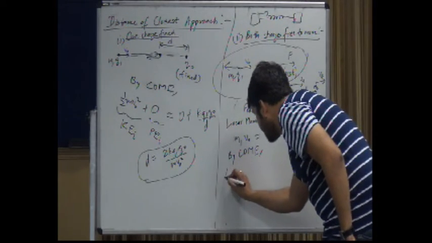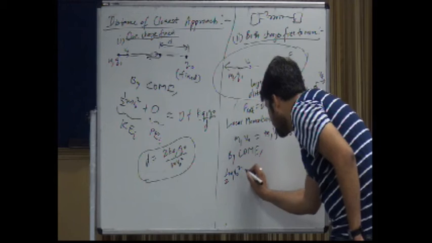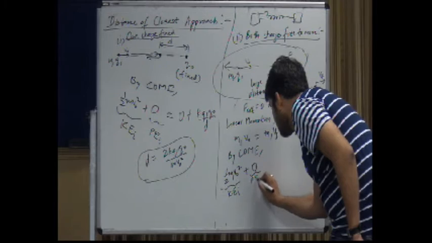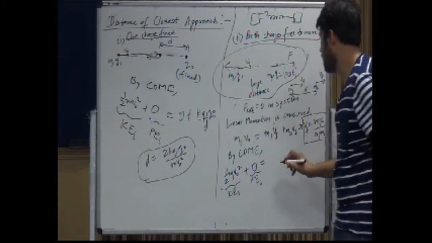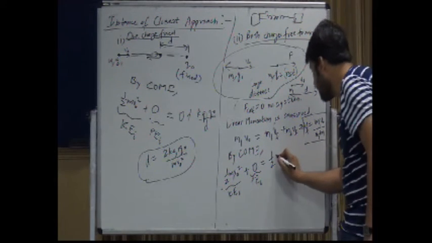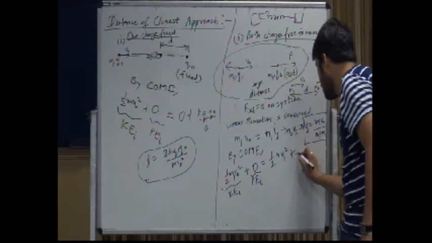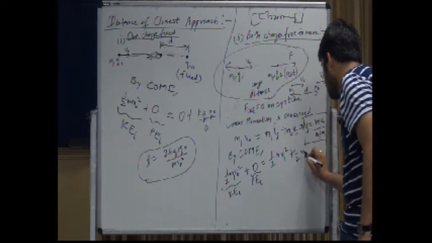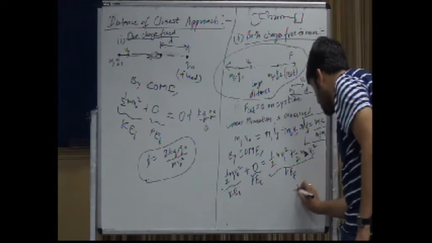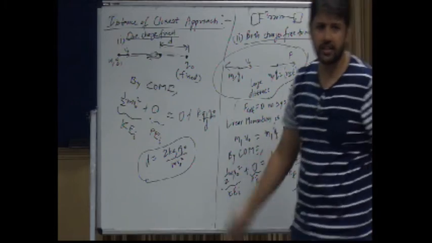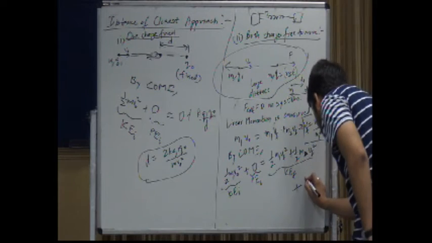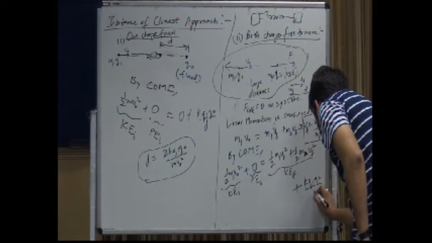So initial kinetic energy, half m1 v0 square, plus potential energy 0, is equal to the final kinetic energy for both, half m1 vf square plus half m2 vf square, plus the potential energy between the two charges. Since the distance between them is d, the potential energy would be k q1 q2 by d.